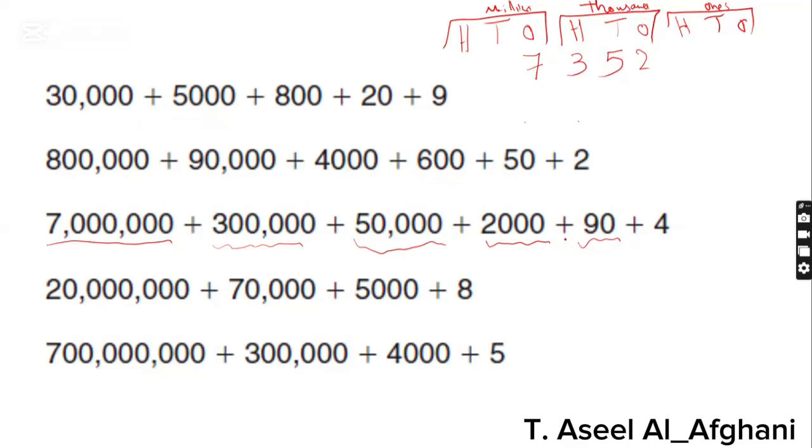Look, from 3 zeros, I have 1 zero directly. There is no something, it has 2 zeros, so 0 hundreds. How many tens? 9 tens. How many ones? 4 ones. Good job. So the number is 7, 3, 5, 2, 0, 9, 4. And let's put the commas. Comma here and another comma here. So I have 7,352,094.